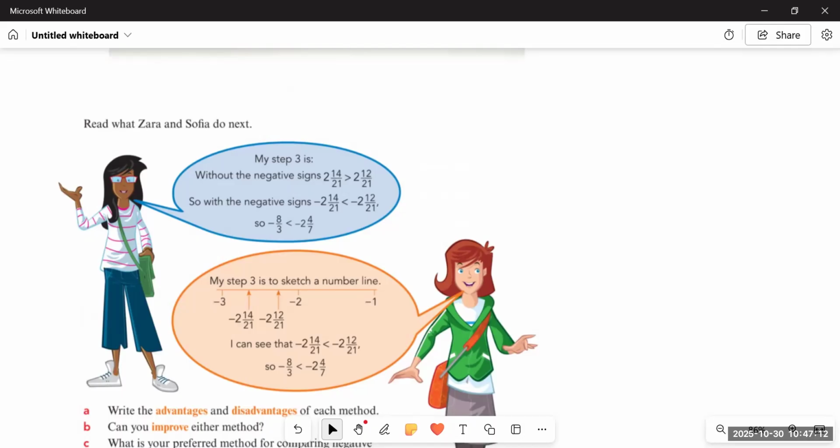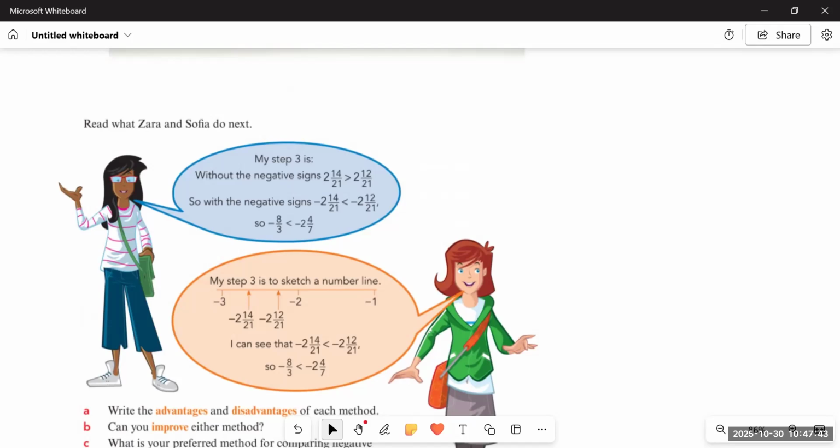So I can see that minus 2 whole 14 over 21 is less than minus 2 whole 12 over 21. Why? Because the number to the right side of another number on a number line is always greater than that. And the number to the left of another number is always less than it. So since we can see minus 2 whole 14 over 21 is to the left of minus 2 whole 12 over 21, hence we can say that this method is used by Sophia, that on the number line, I am deciding which number would be greater or less using the number line.